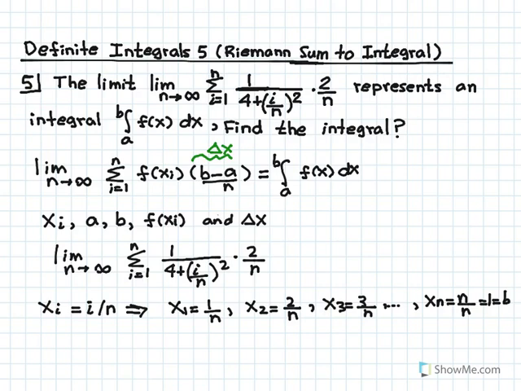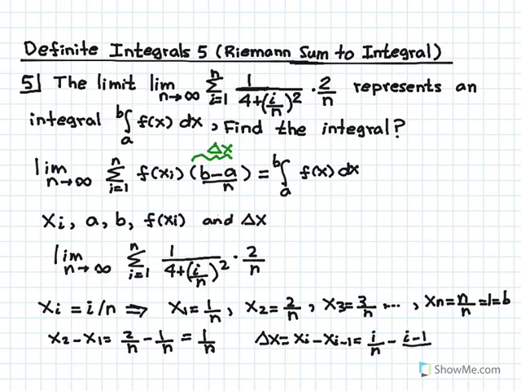Now, how do we find delta x? The easiest way is to subtract two consecutive x values, x2 minus x1, for example. That's going to be 2 over n minus 1 over n, which is equal to 1 over n. More generally, delta x is equal to xi minus the previous x value, xi minus 1, that is i over n minus (i minus 1) over n, and subtracting these two fractions comes out to 1 over n.